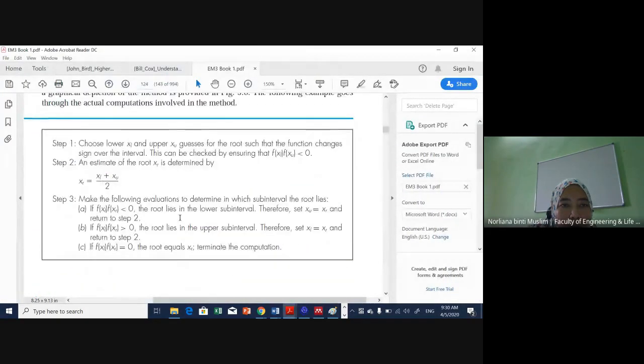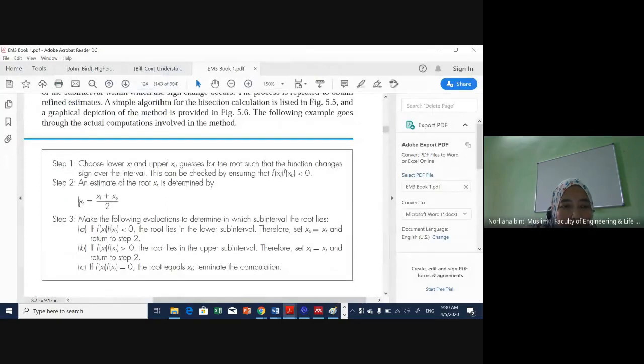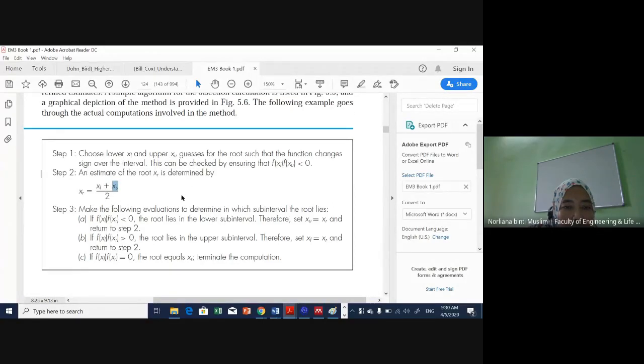Okay, and then this one is the step. Then this XL is our A. Okay, XL means lower value. We call it A. Okay, XU means upper value. So I'm using the label B. So C is equal to A plus B divided by 2. The changes will be like this, the same thing, but it's actually the same meaning.